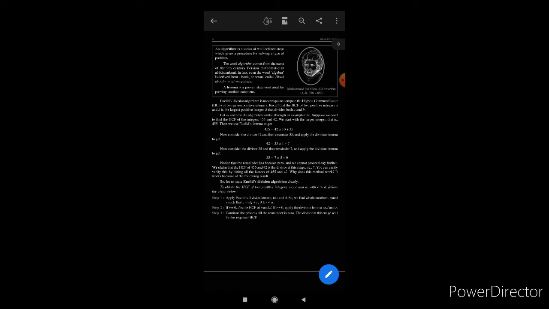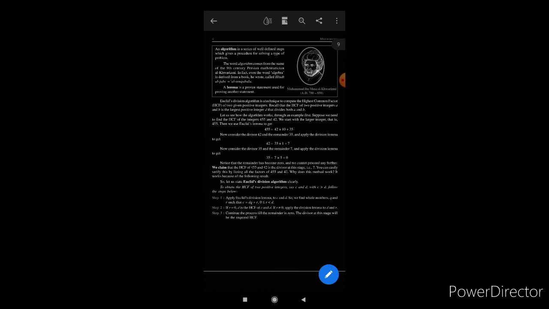Suppose we need to find the HCF of the integers 455 and 42. We start with the larger integer, that is 455. Then we use Euclid's division lemma to get 455 is equal to 42 multiplied by 10 plus 35. Now consider the divisor 42 and remainder 35 and apply the division lemma to get 42 is equal to 35 into 1 plus 7.